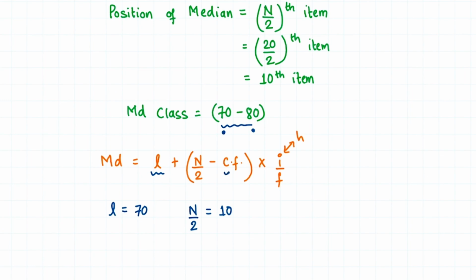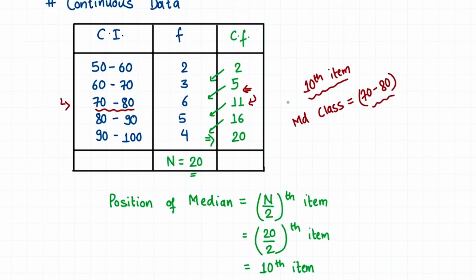For our CF, which is the cumulative frequency, what we are going to do is we are going to look at our table, okay? So the cumulative frequency of our median class is 11, okay? But in our formula, the cumulative frequency is the cumulative frequency of the preceding class of the median class, okay? Which means that it's the cumulative frequency of the class just above our median class, okay?